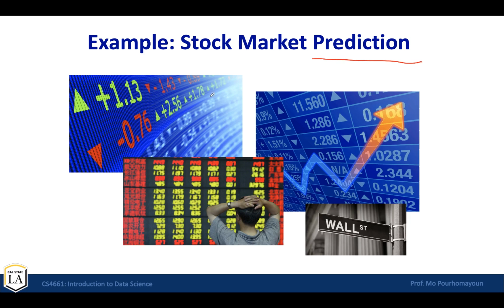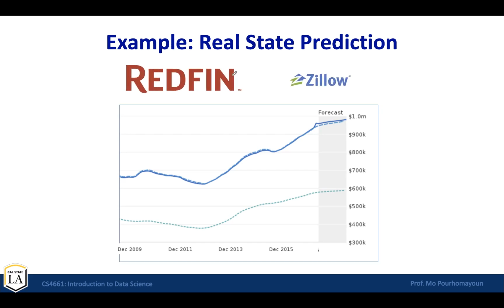From what happened to that specific stock in the past, you can predict what will happen to it in the future. And this is what many of those financial companies are using, these technologies. This is again another application of data science, and the same thing for real estate prediction. Websites like Redfin and Zillow, maybe you know them, use this technology to predict the value of a house in the future, or estimate the value of a house right now.